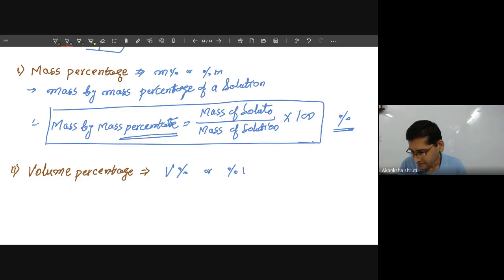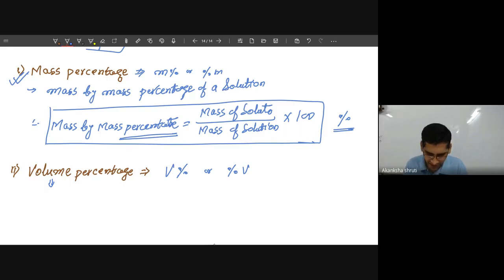But keep in mind, this is not entirely volume: in the numerator the solute we take in terms of mass, and the solution in terms of volume. Though it is the mixed one, it is normally called volume percentage. It is possible to take the volumes of the two together, meaning volume by volume ratios. Better to use the first, as it is asked commonly and numericals are based on it. The second one is also in your syllabus.